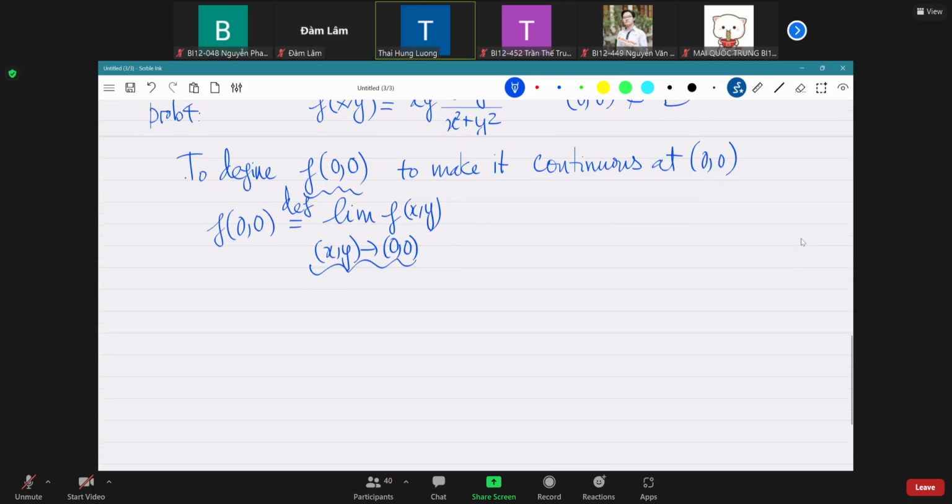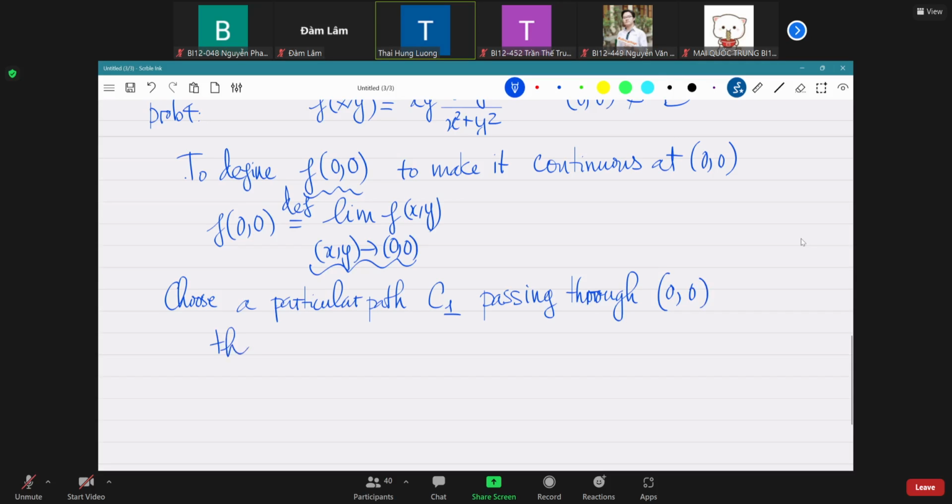May I choose a particular path, let me denote it by C1, which passes through the point (0, 0), then find the limit of f along this path, to conclude about the limit?